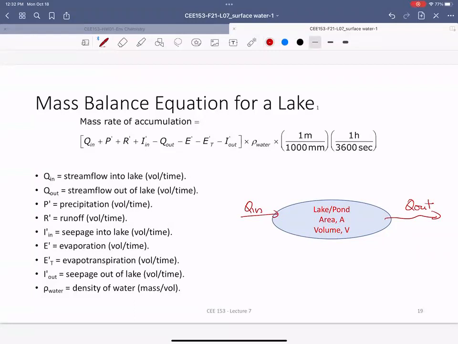Then another one, if you have rainfall directly falling onto the lake, that's the rainfall. So that's precipitation. And if the precipitation also happens upstream and becomes a runoff, so this is the stream, okay. That runoff, let's say the precipitation happens here and then becomes a runoff, that's R prime.